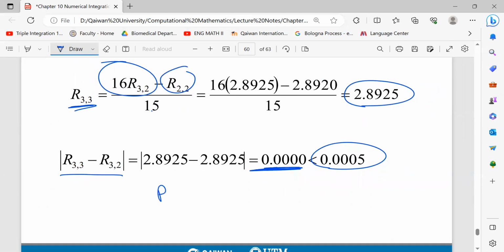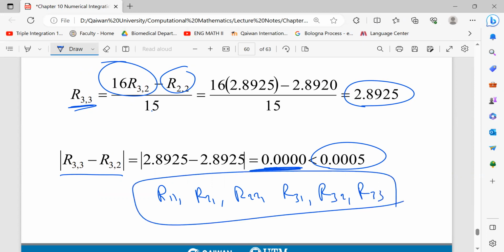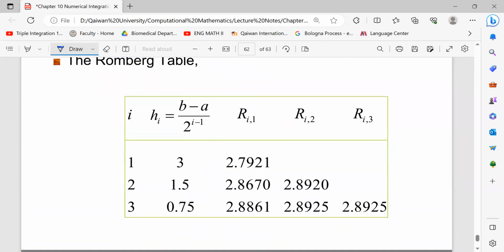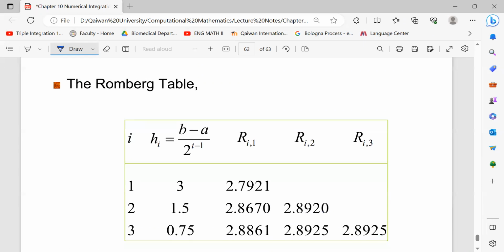What did we find? We found R11, R21, R22, R31, R32, R33. We found these all. We put this into the table, as it says, make the table. Here, I is the number of intervals.